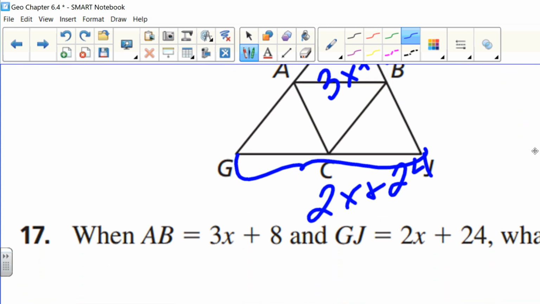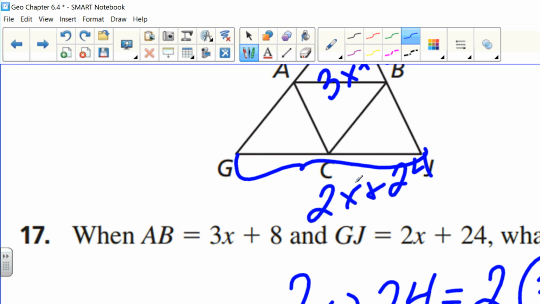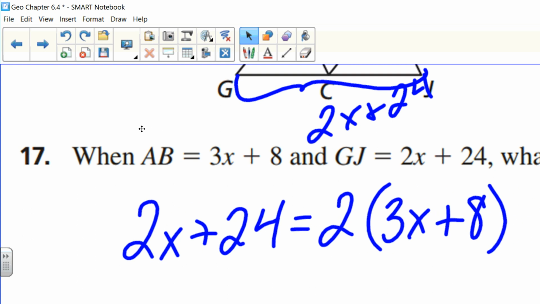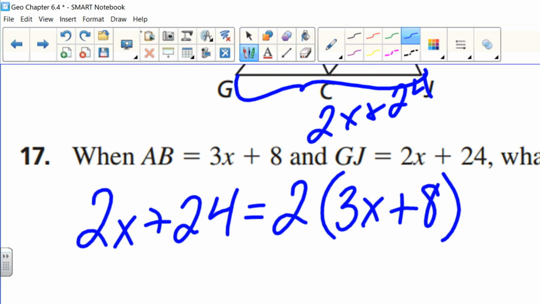So what is the length of the third side? Well, it is equal to 2 times the midsegment, which is 3x plus 8. Now at this point here, we do need to solve for the value of x. So what can we do first?